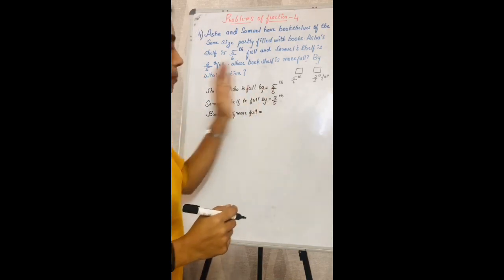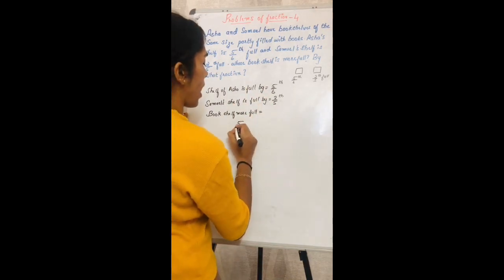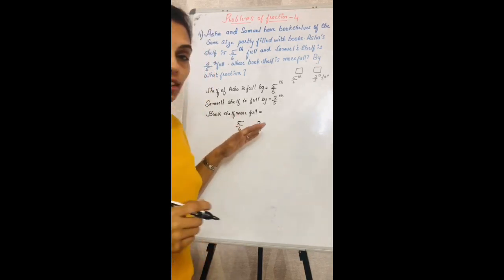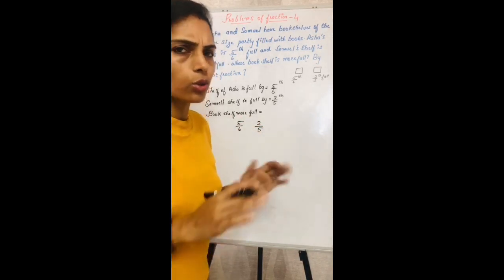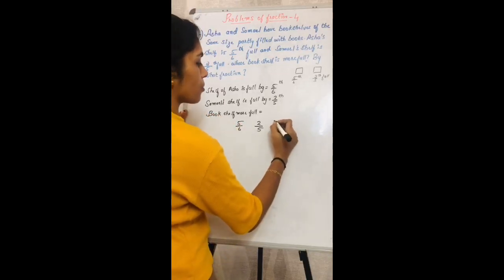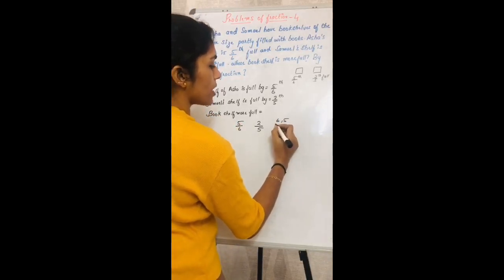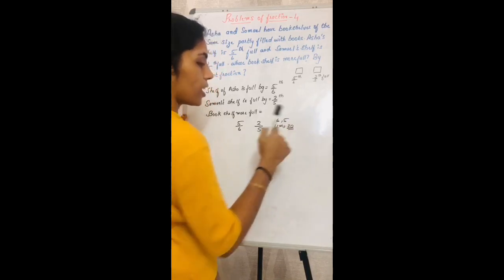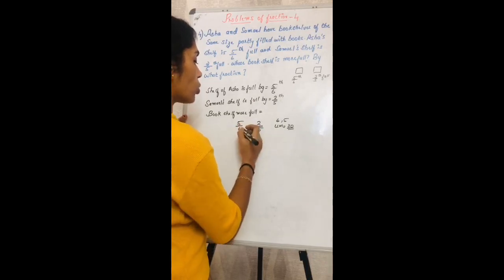So, now let's compare these two fractions, 5 by 6 and 2 by 5. When you get fractions to compare, what do you have to do? You just have to find your LCM. 6 and 5, what's the LCM of that? It doesn't have common factors, right? So 6 5s are 30. 30 is our LCM. So what do you have to do?